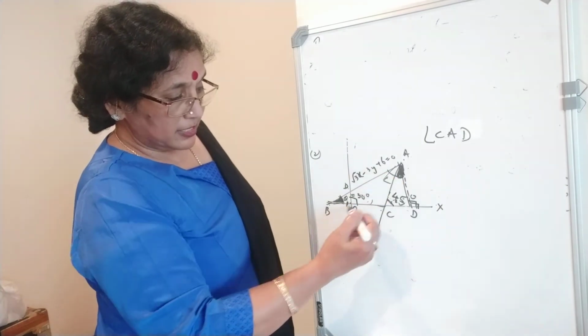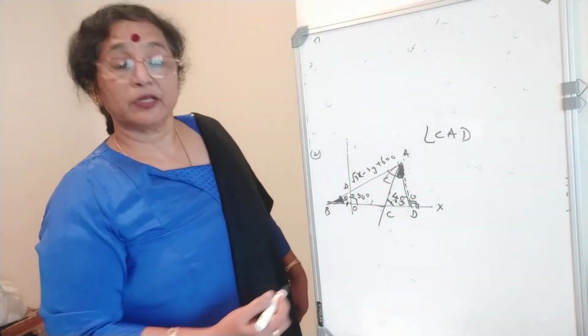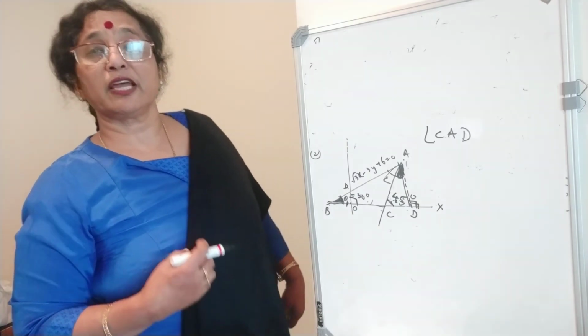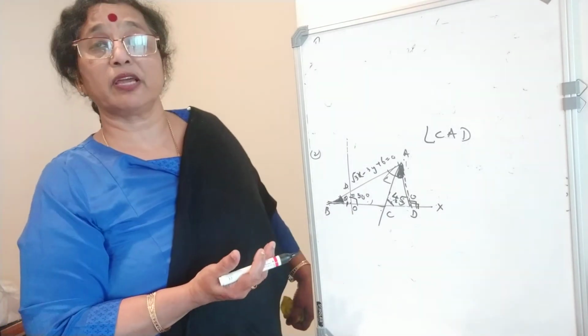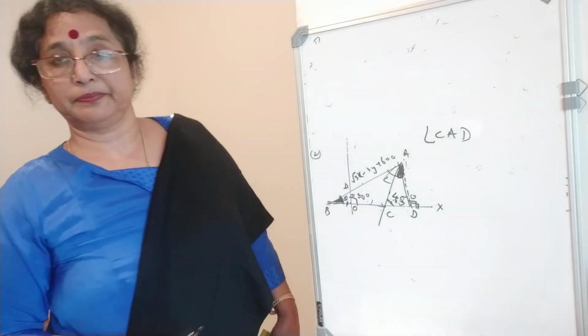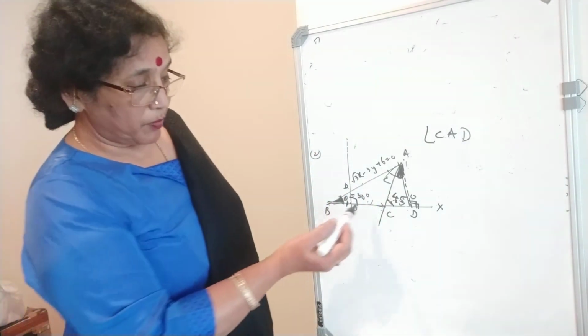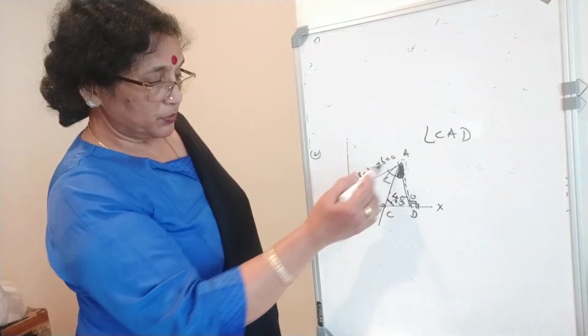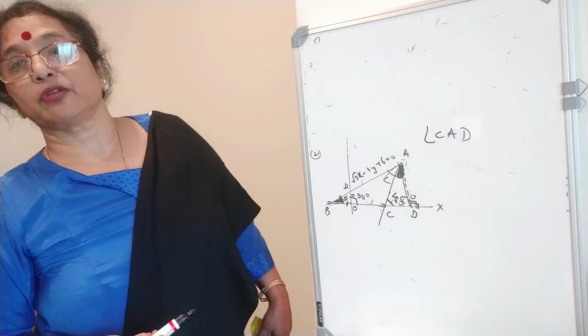Anywhere you join the lines, it will always be an acute angle. So the 90 has to come outside the triangle. So in an obtuse angle triangle, 2 altitudes will be outside the triangle. Only the altitude from C to AB will be inside. From the obtuse angle to the opposite side will be inside; the other 2, from the other vertices, will be outside the triangle.